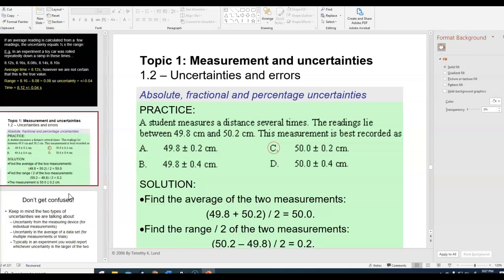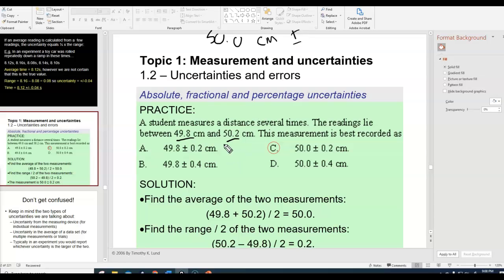So for example, this is an IB question. A student measures a distance several times. The readings lie between 49.8 centimeters and 50.2 centimeters. This measurement is best recorded as what? Again, if we have a range of data, number one, we want to find the average. The average between these two values is going to be right in the middle. That's 50.0 centimeters.